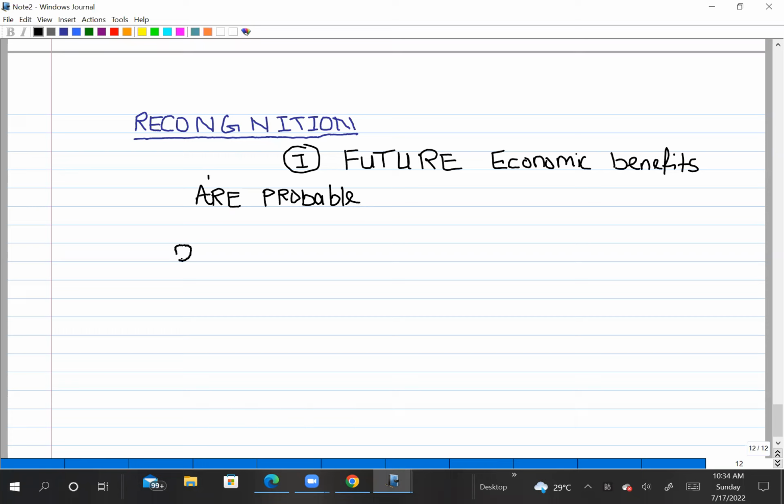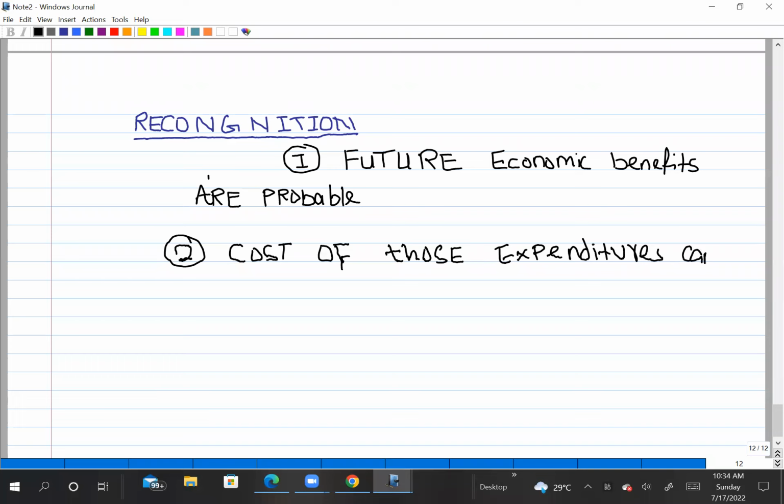And number two, the cost of those expenditures can be measured reliably.